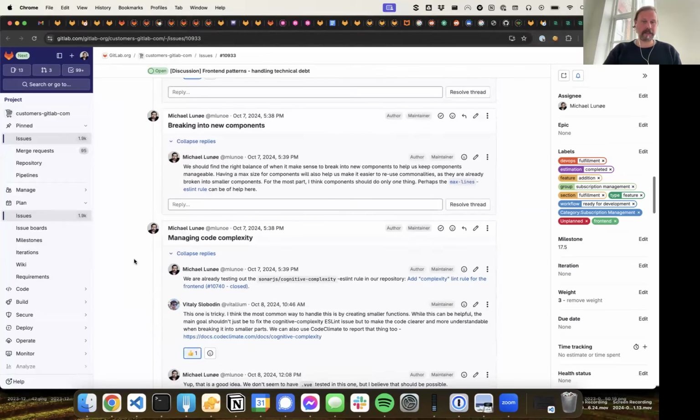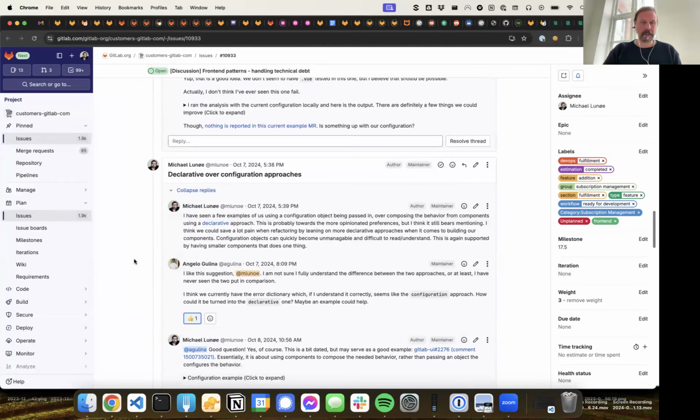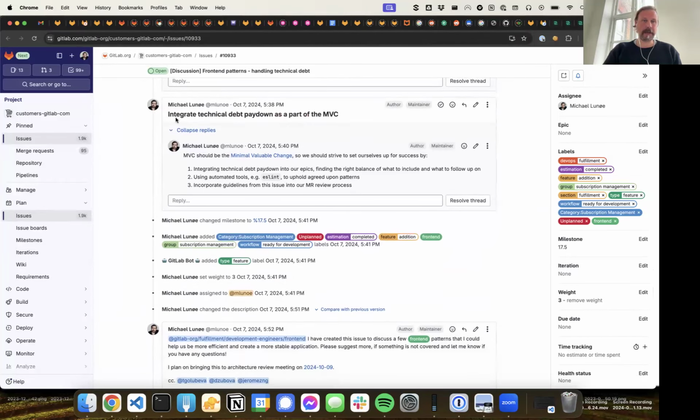I also talk about this in a specific point about integrating technical debt pay down as part of the newly defined minimal valuable change instead of minimal viable change, or what it was before. And trying to be more deliberate about when we decide to actually commit to certain patterns or technical debt, and when we decide to not.